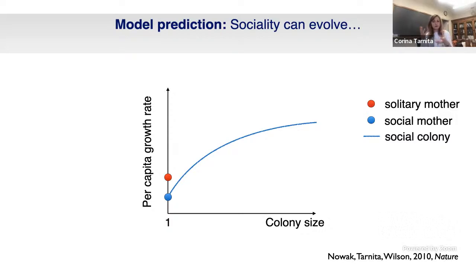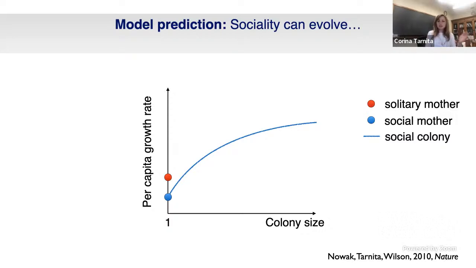So this group grows relatively slowly, so that the original mom still has to do quite a bit of work, and everyone does. Eventually, this colony, if it had enough individuals, will do really well in terms of the growth rate of the whole colony as a function of the colony size. But at first, it will probably not do so well, because everyone has to do a lot more work, and they're more subject to predation and so on.